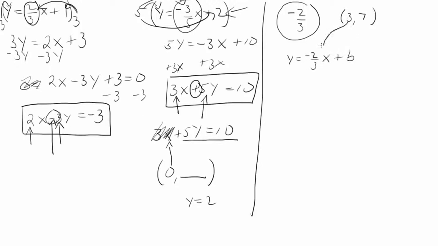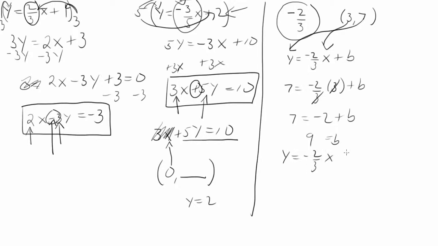Then you plug the 3 in for x and the 7 in for y, and you get 7 is equal to negative 2/3 times 3 plus b. The 3's cancel out here, so you have 7 is equal to negative 2 plus b. Add 2 to both sides, and you get b is equal to 9. So the equation is y equals negative 2/3 x plus 9.